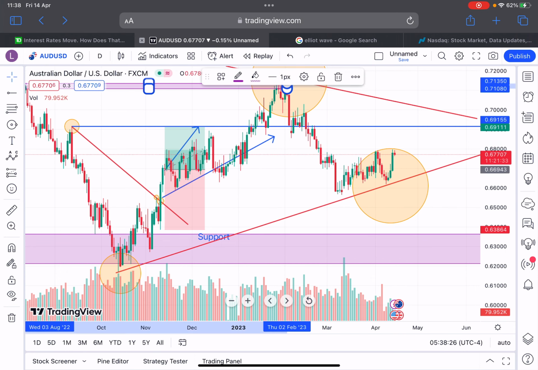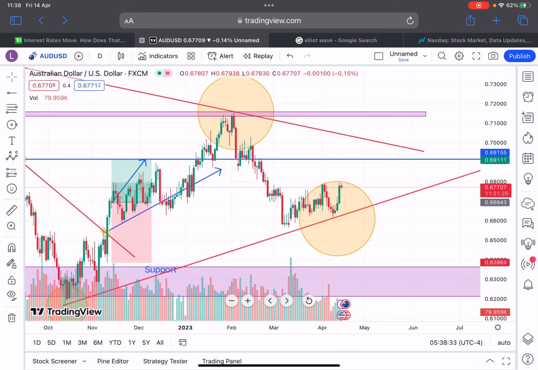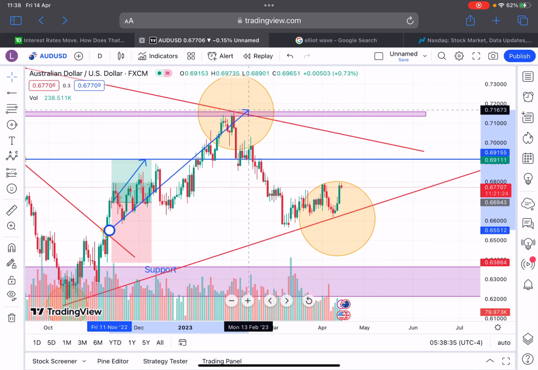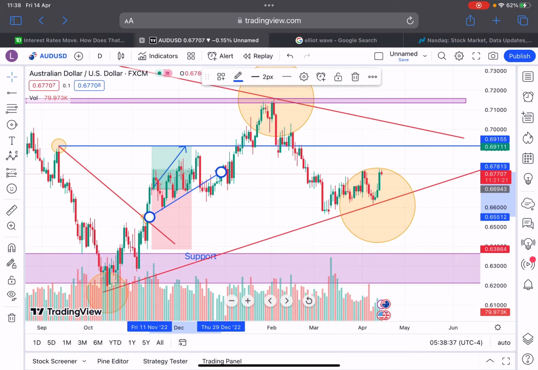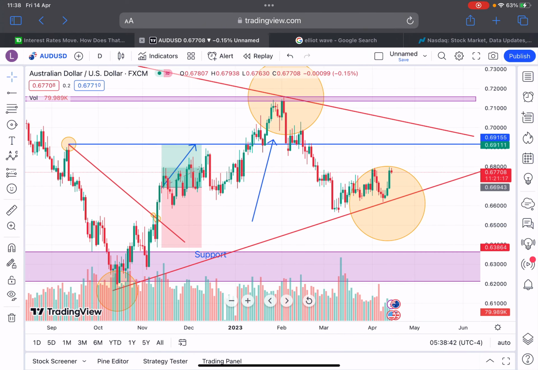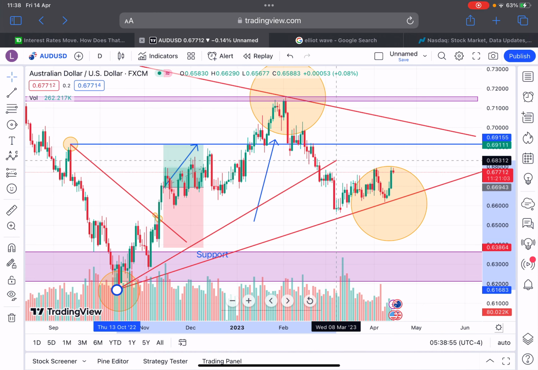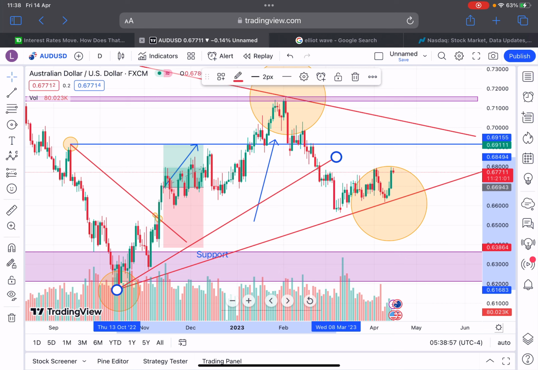So let me extend it, meaning there are possibilities that there will be a consolidation on this zone right here, or a change of direction on our future movement from the chart. So let me add my touch 1 from my support and try to identify what happened. We have our touch 1 right there, and then let's use this as our touch 2, and then extend our trend line like so.